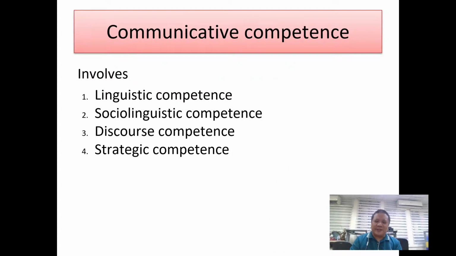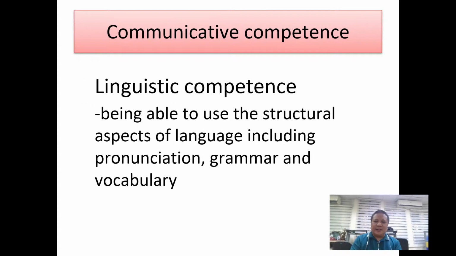Communicative competence involves sociolinguistic competence, discourse competence, and strategic competence. Let's talk about linguistic competence. When we say linguistic competence, this means being able to use the structural aspects of language, including pronunciation, grammar, and vocabulary.